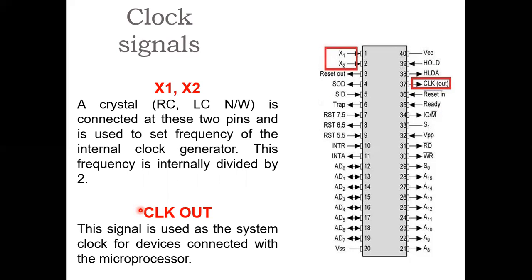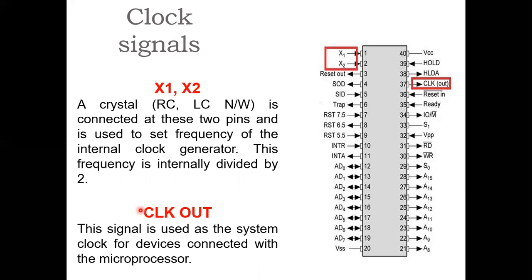Here they use RC oscillators and LC oscillators, but most microprocessors use a crystal oscillator, of 12 megahertz or 20 megahertz like that. They are given by the two pins X1 and X2. That is divided by the divider and given to the microprocessor at 5 megahertz or 3 megahertz, depending on the range of the crystal oscillator.